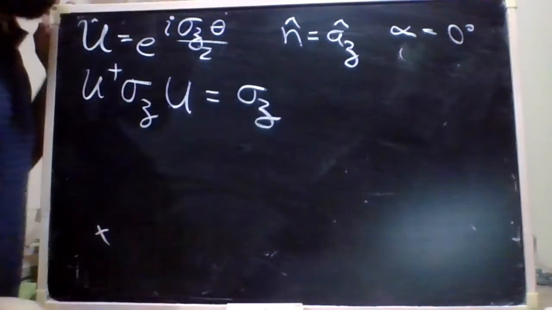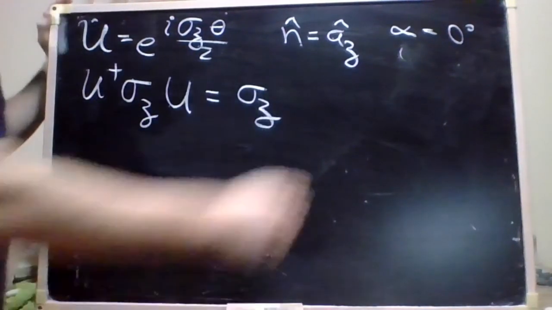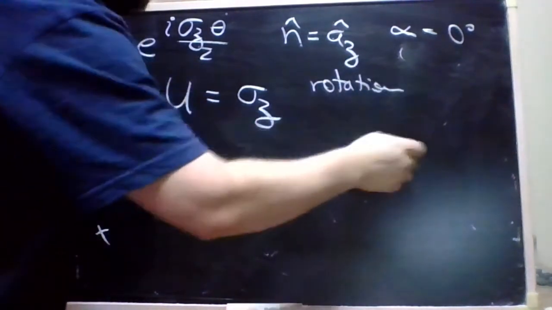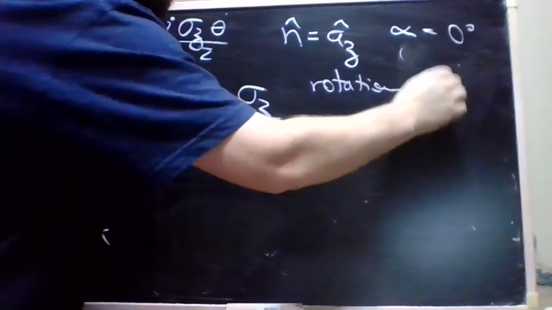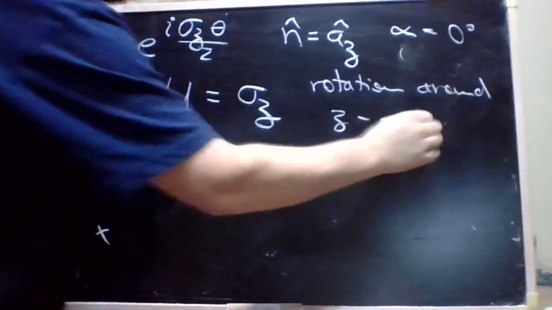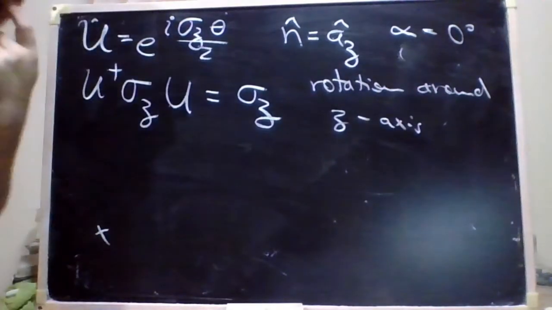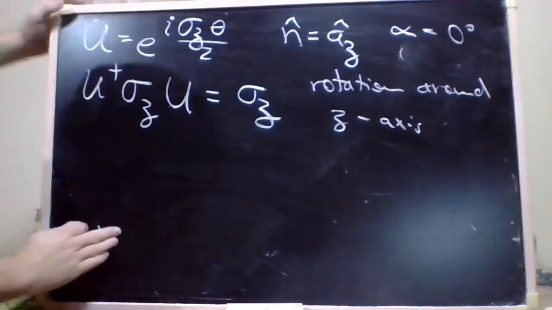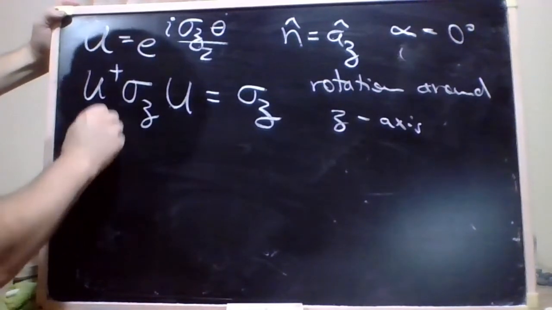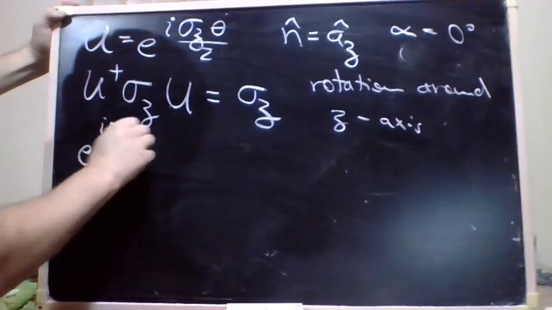It keeps fixed because it's a z rotation, a rotation around the z axis. All right, it does not change z components of vectors. All right, but for the other Pauli matrices, I need to evaluate these things here.